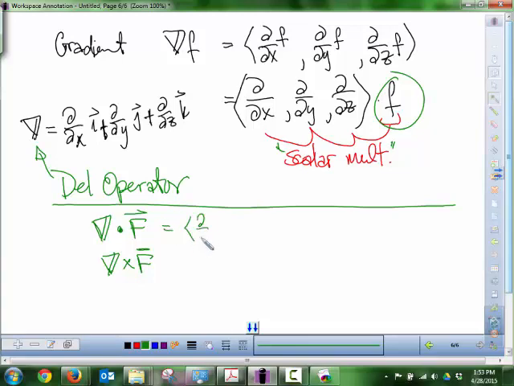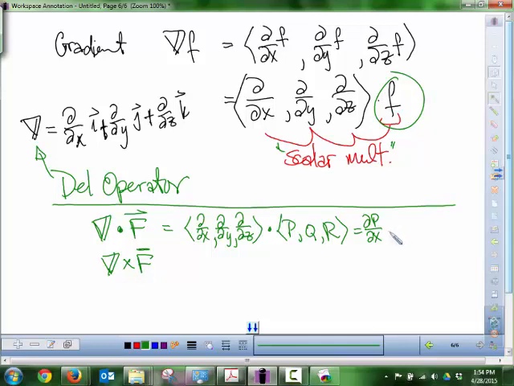So if we imagine taking our del operator and dotting it with a vector field, let's rewrite this vector field as P, Q, and, what's after Q? R. Assuming they're all functions of three variables, x, y, and z, then we get the partial of P with respect to x.